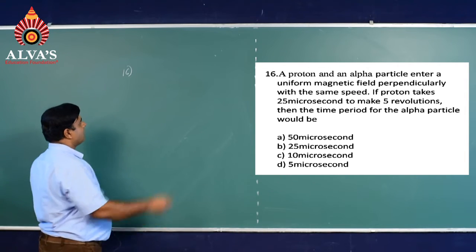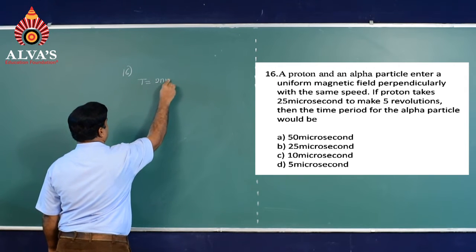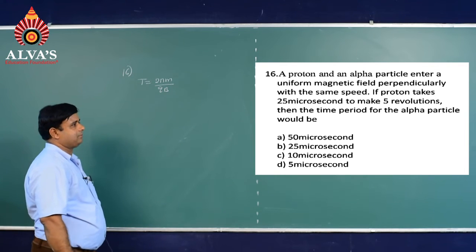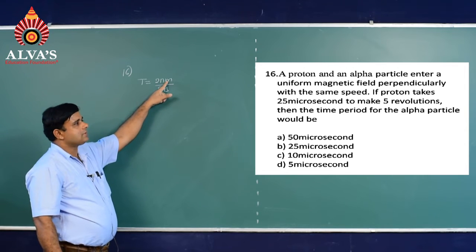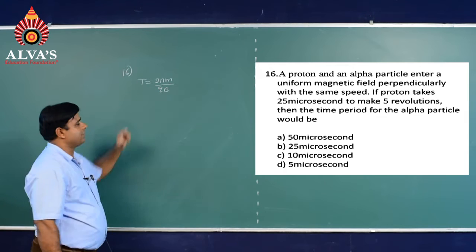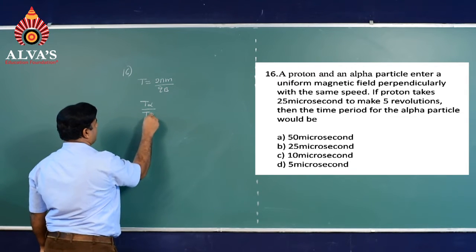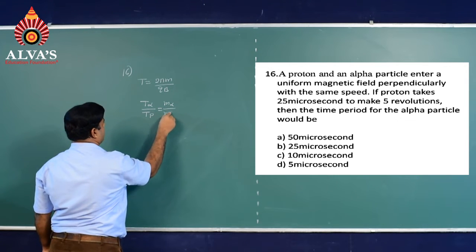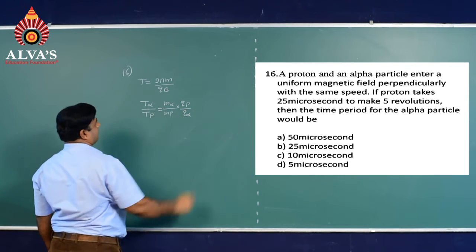The time period is given by 2 pi m divided by q B. Since both move in the same field, B is constant, while mass and charge are different. Therefore, time period of alpha by time period of proton is mass of alpha by mass of proton into charge of proton by charge of alpha.